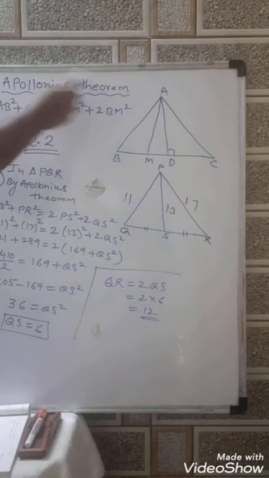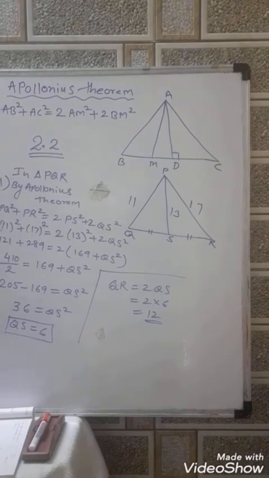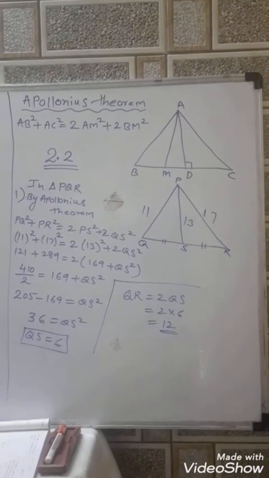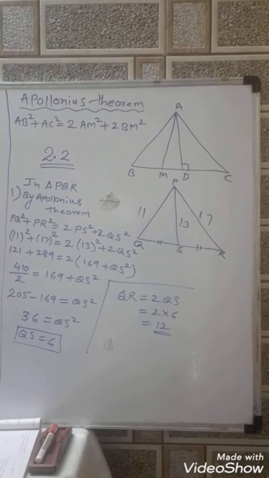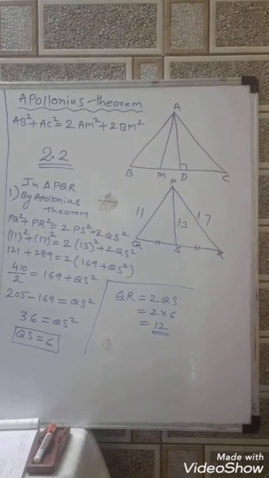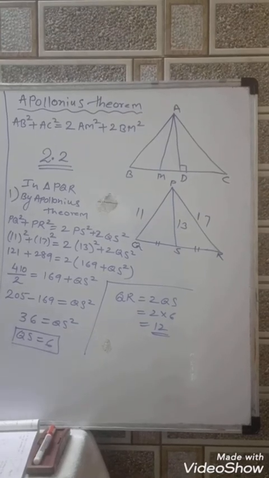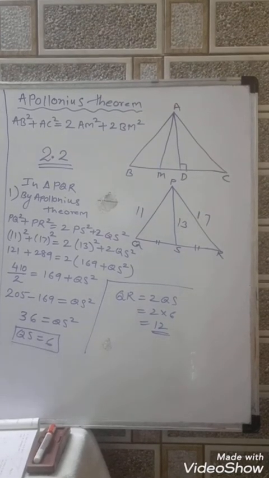That is the formula you have to remember for the Apollonius theorem, because most of the time the proof is never asked in the exam. You have to use only that form of the theorem, that is the formula. So our 2.2 is based on the same Apollonius theorem.